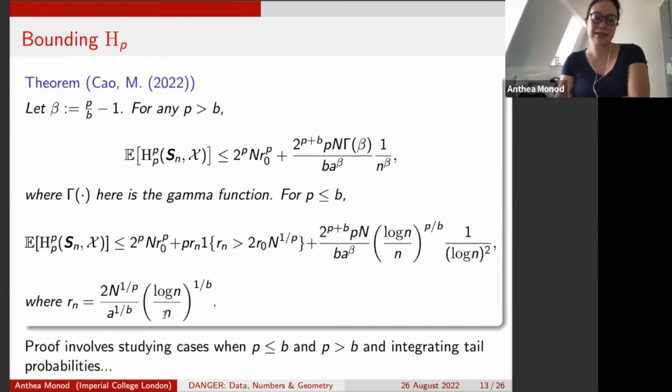This is quite complicated and involved, and this is the first theorem from our paper.